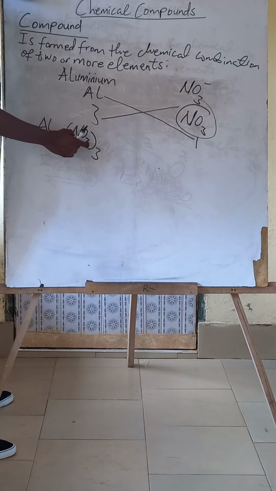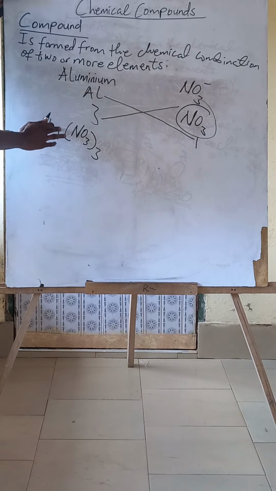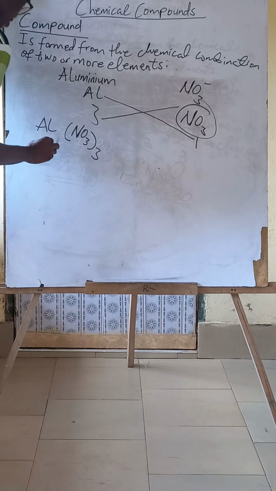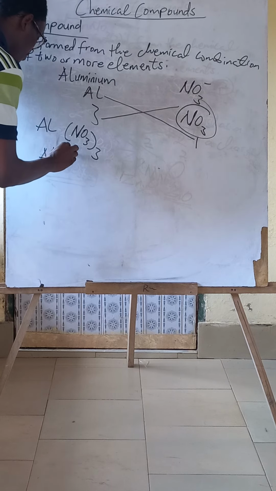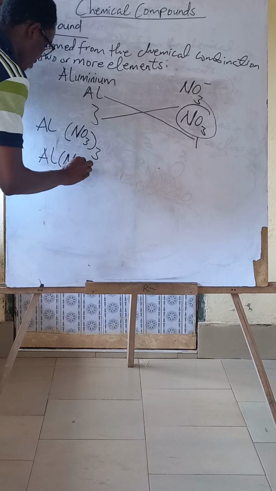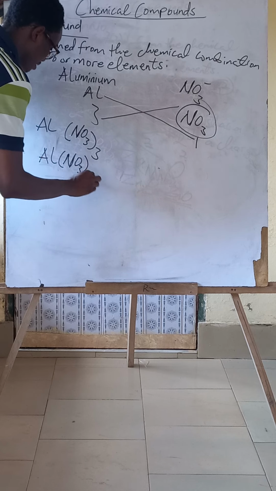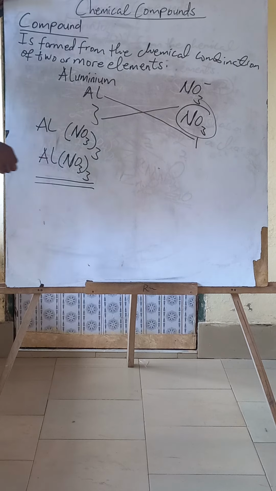So you have to put NO3 in a bracket, so that the 3 is affecting whatever is inside the bracket. Because it is 1 here, you will ignore it and you get Al(NO3)3. This is how a binary compound is formed.